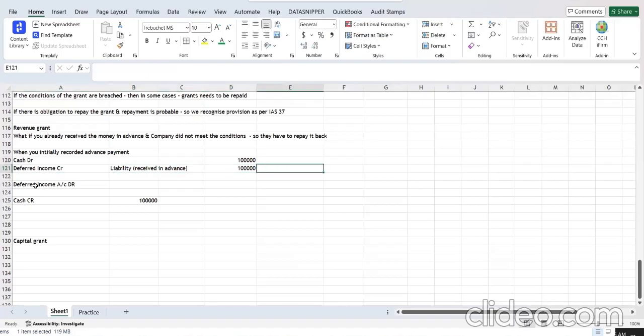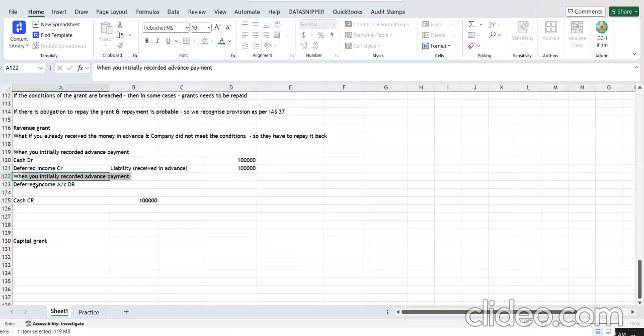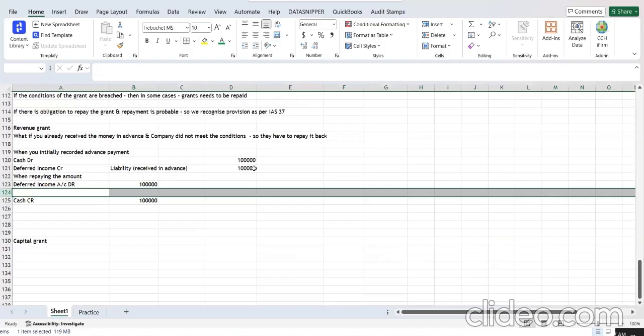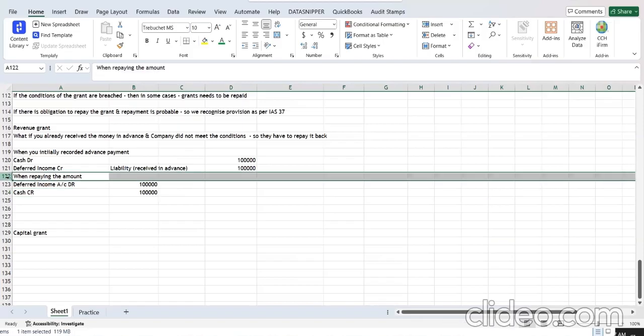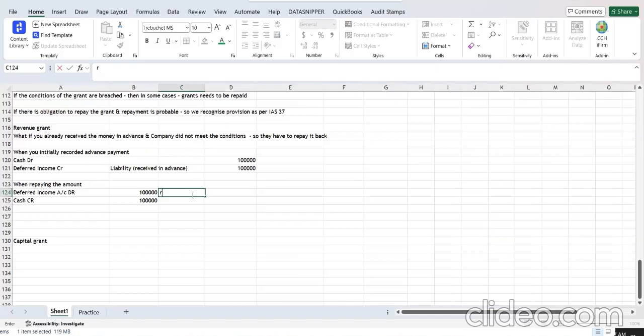In this case, if you have to repay, I would debit my already sitting balance to clear it out and I would credit my cash, right? Because I already have a liability account here. Now I'm reducing the liability because I repaid it back to the government, and I'm reducing my cash, right?